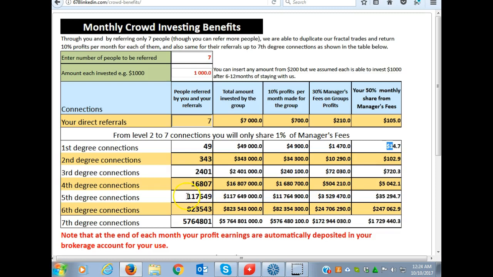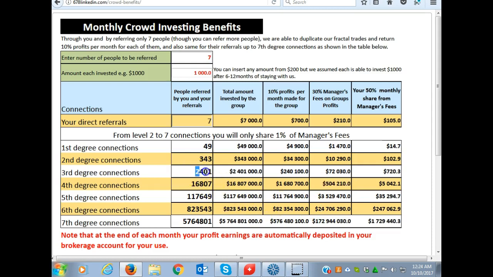Yes, if we have up to 49 people, this is what I will be earning in my performance fee. It will actually be more than this. If I have up to 16,000, I will be earning up to 500,000 US dollars in performance fee.